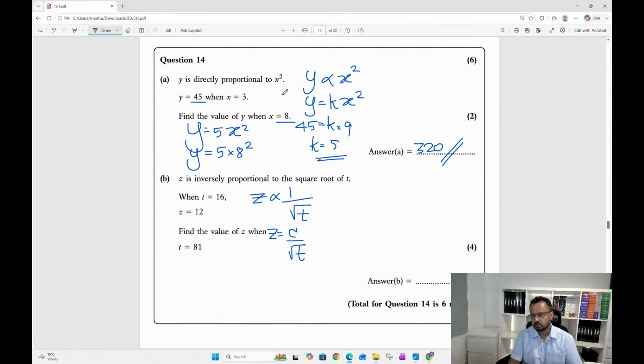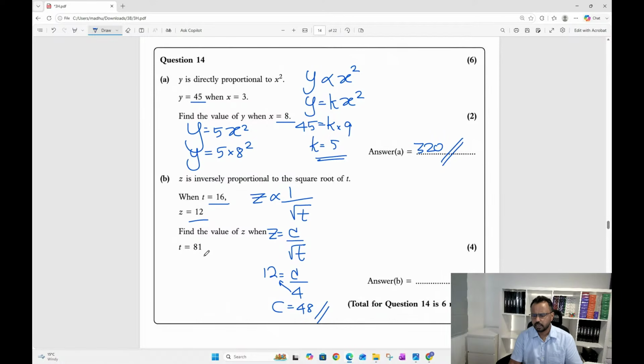The k was the constant used in the first part. It's a different question, a different constant. Thank you, I'm getting correct answers, a lot of them, guys. Use c or k1, k2, whatever. So when t is 16, z is 12. 12 is equal to c over root 16, which is 4. So c is 48.